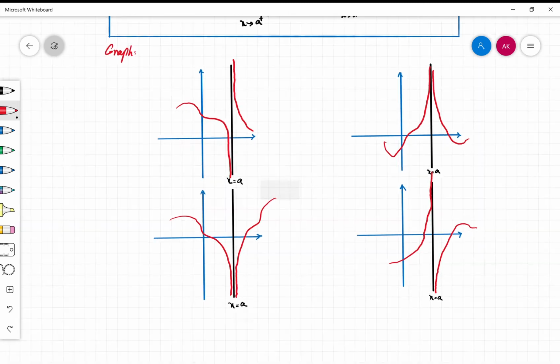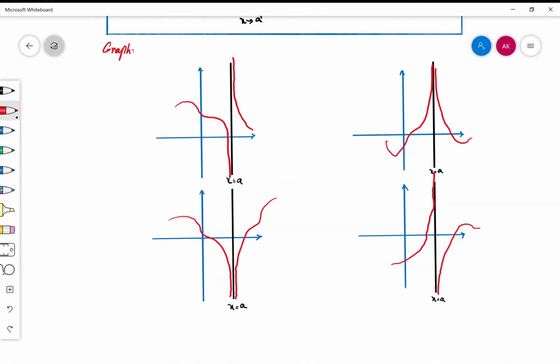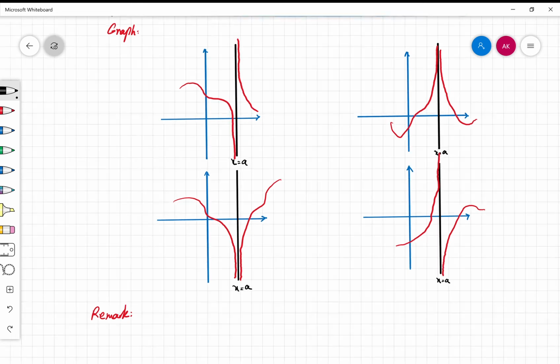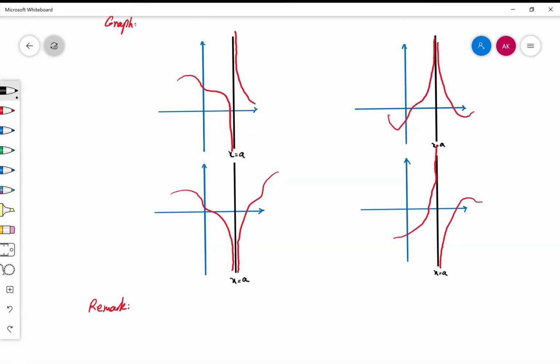There is a very important difference between a vertical and horizontal asymptote. Unlike the horizontal asymptote, where a function can have only one or, at maximum, two horizontal asymptotes, a function can have as many vertical asymptotes as you like.